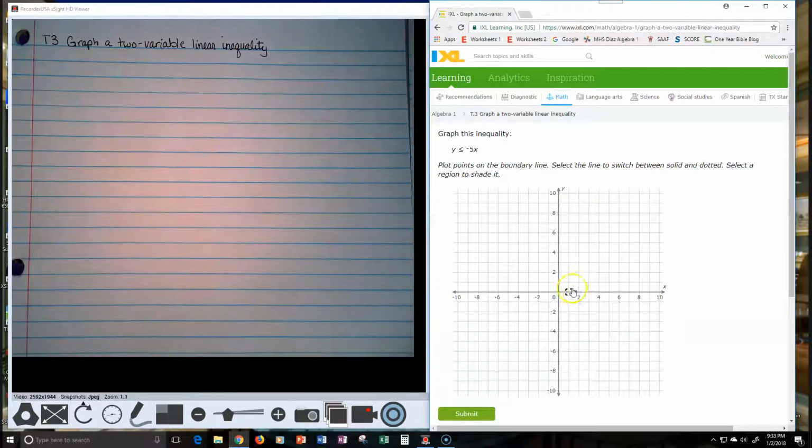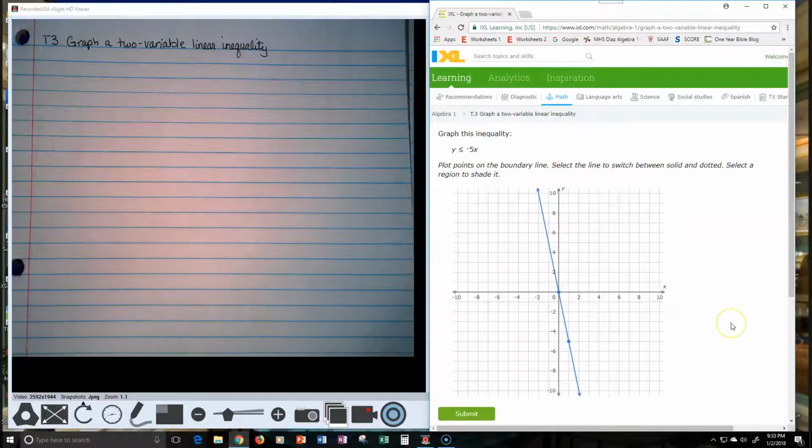So we know the intercept would be 0, 0. That's what we know. And we want to go down 5: 1, 2, 3, 4, 5. And it's a negative slope, so we know that it's going to fall from left to right. So I'm going to go ahead and put my line there. Again, I'm going to leave it solid because I have y is less than or equal to -5x.